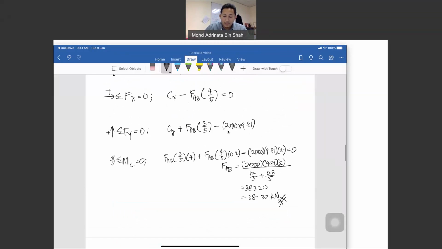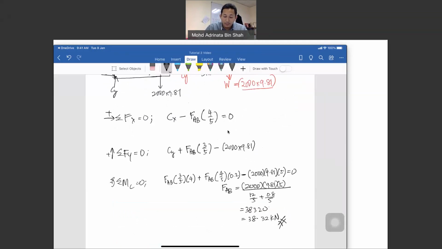So we put in our FAB, so we can solve our Cx. Cx equals 38.32 times 4/5, which is 30.656 kilonewton.